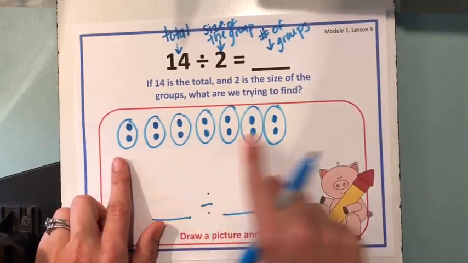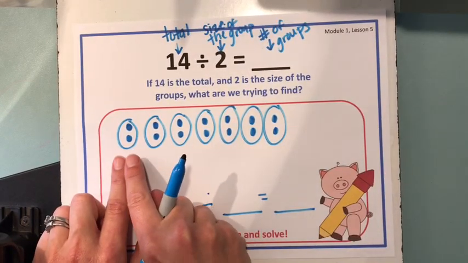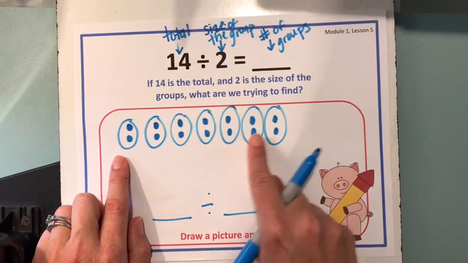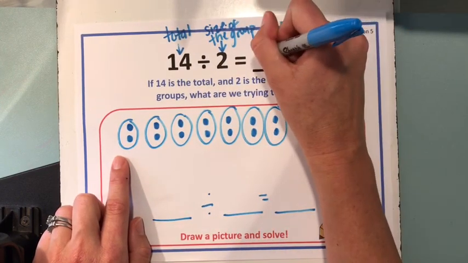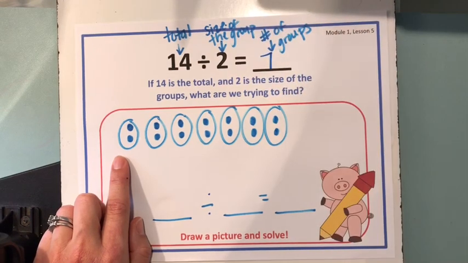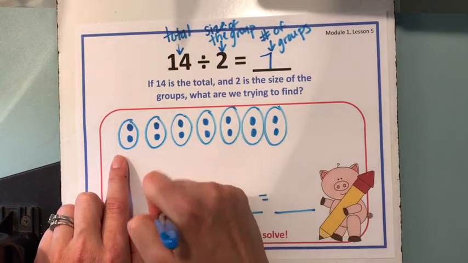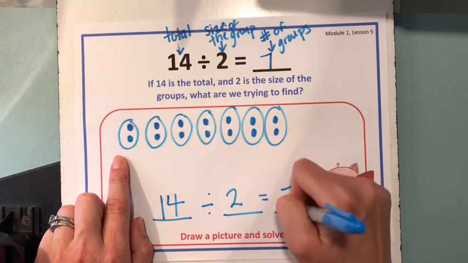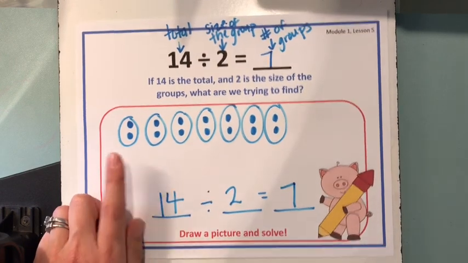There we go. I've got all my groups. Now I can count them. 1, 2, 3, 4, 5, 6, 7. So the number of groups I have is 7. So you should have written on your whiteboard, 14 divided by 2 equals 7. Good job.